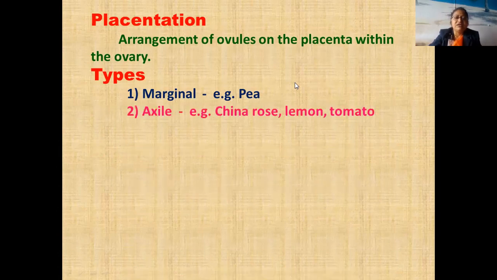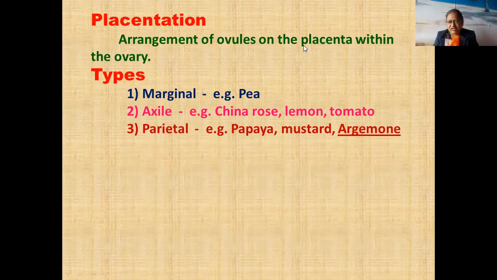Second, axial placentation. Example, China rose, lemon, tomato plant. Here ovules are arranged on the central axis of a multilocular ovary.